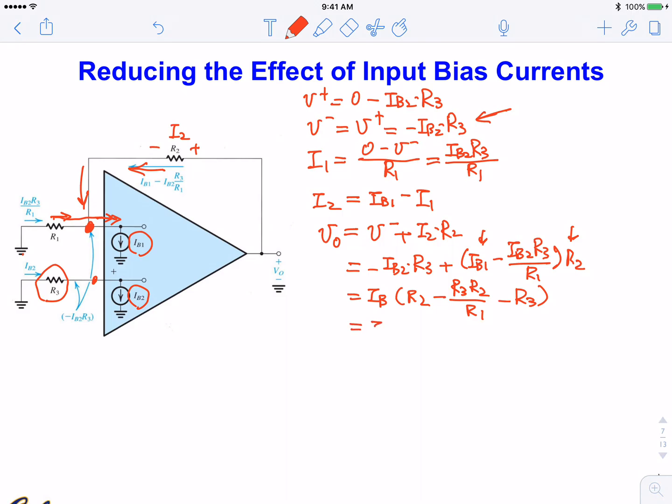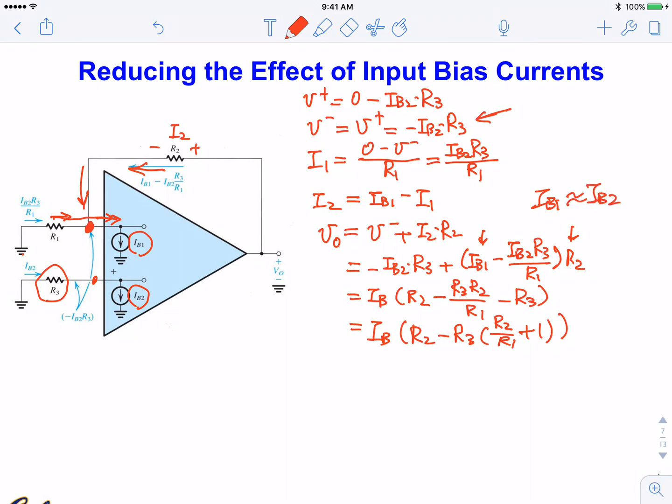So you clean up this term. This is IB2 times R2 minus R3, and this will be R2 over R1 plus 1. Okay, long algebra, but here we assume IB1 equal to IB2. So we say IB1 is roughly equal to IB2.